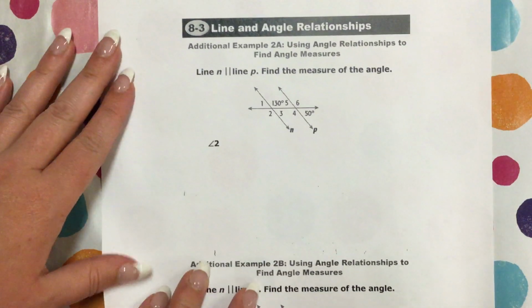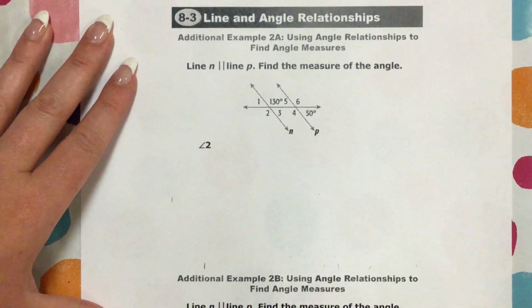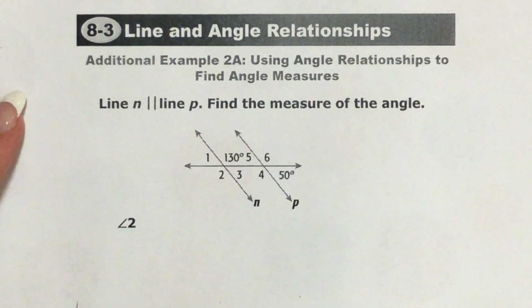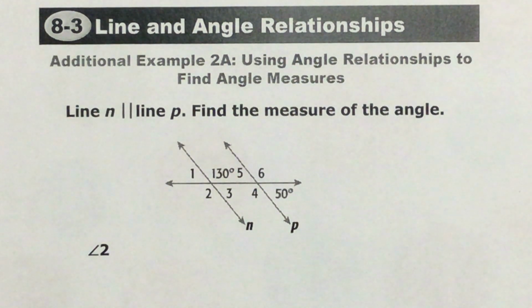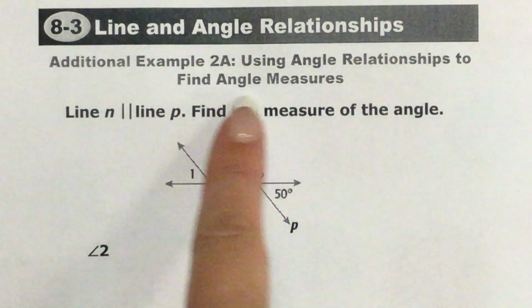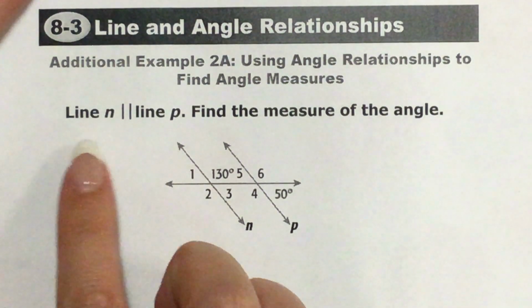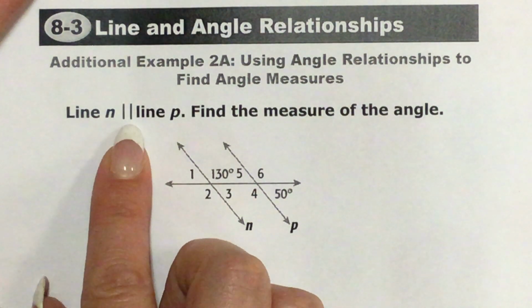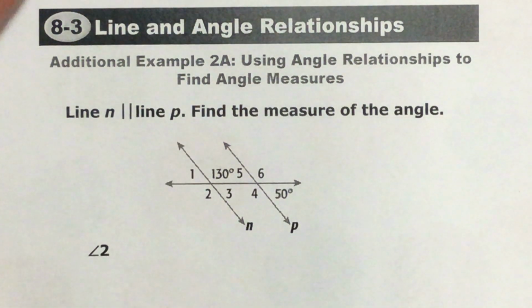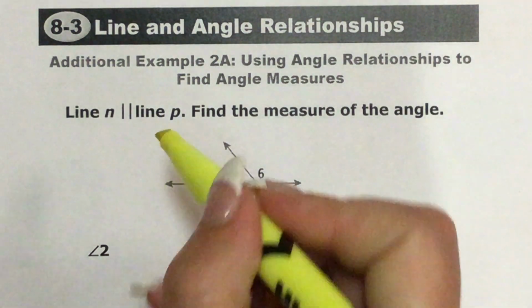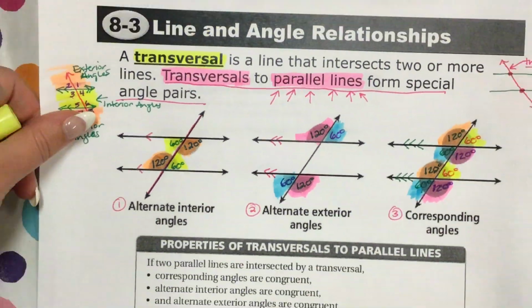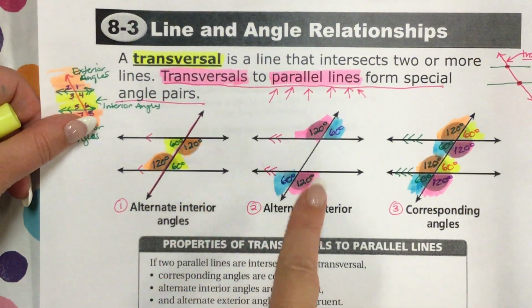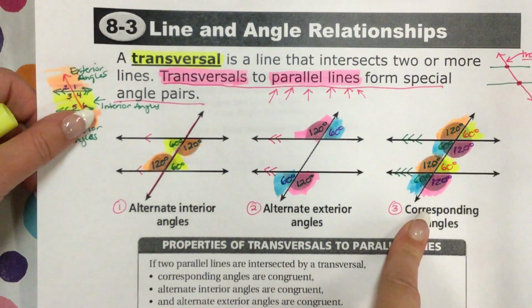Our first is example 2A, and I'm going to go ahead and zoom in a little bit. Example 2A says, using angle relationships to find angle measures. What it states is line N is parallel to line P. Well, automatically, when you know that those 2 lines are parallel, that opens the door to, you guessed it, alternate interior angles, alternate exterior angles, and corresponding angles.